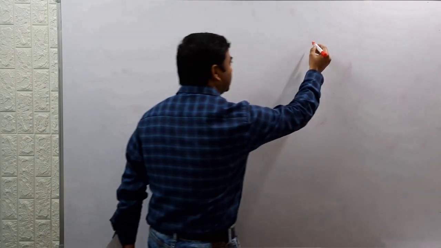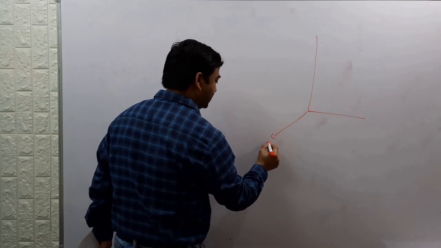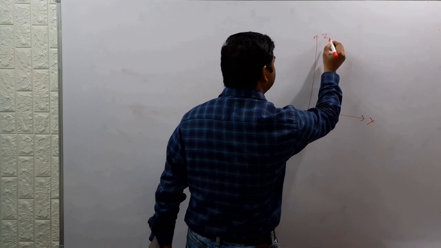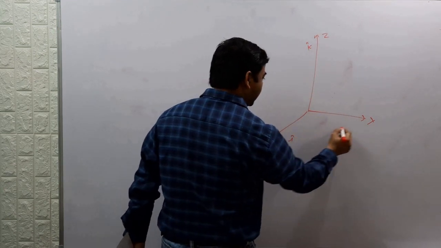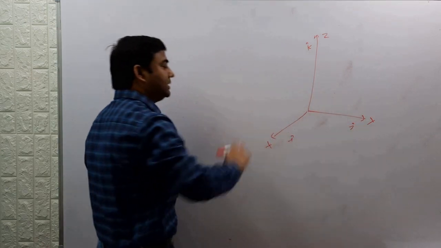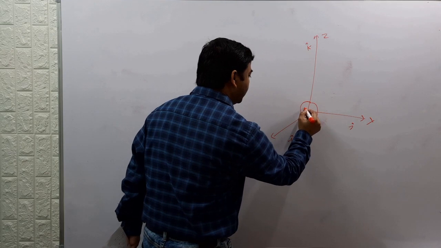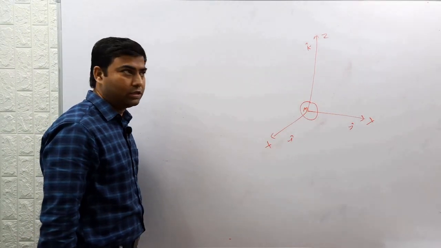So we know that this is a coordinate axis, this is x, this is y, this is z, and the unit vectors are i, j, k in the x, y, z directions. So let a mass of magnitude m be kept at the origin.